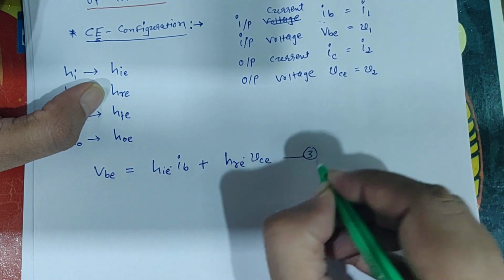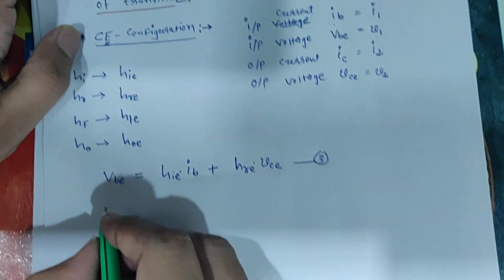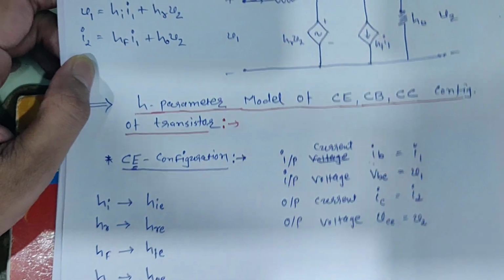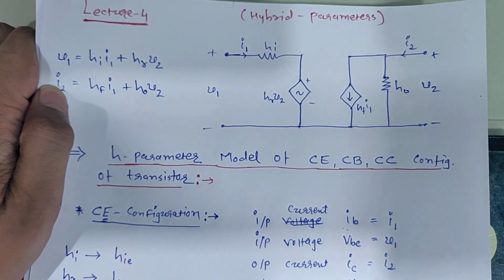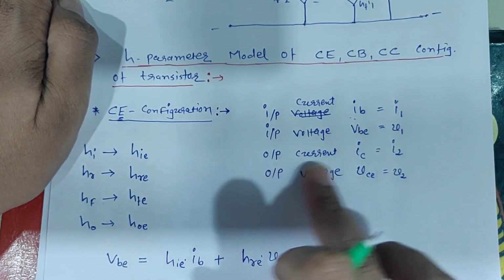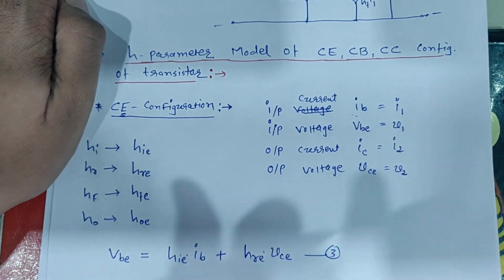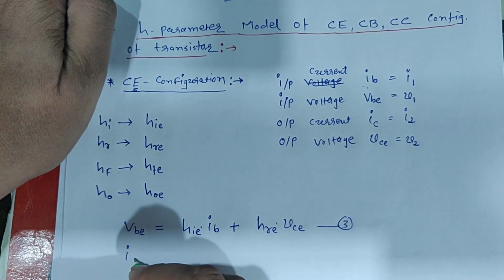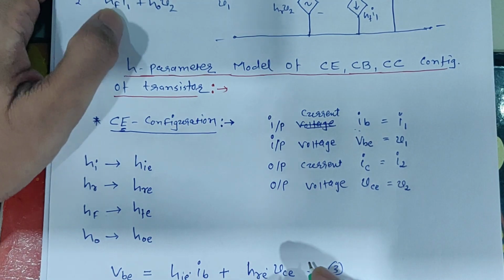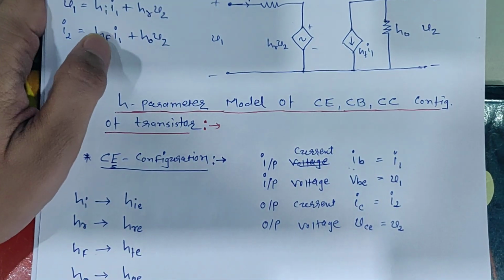We give it equation number 3, and similarly the second equation: this was I2. I2 can be represented by IC. So IC equals HF into I1.